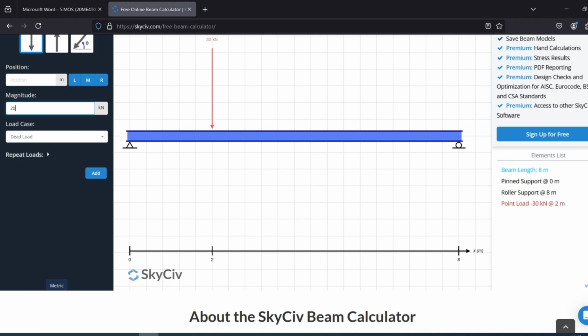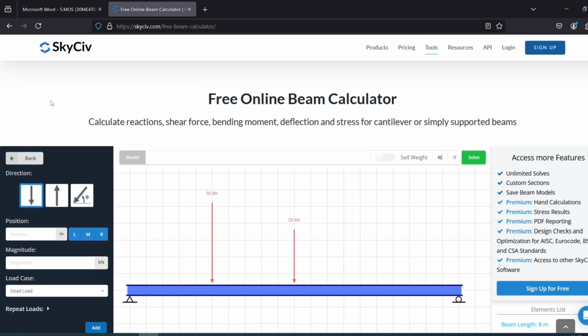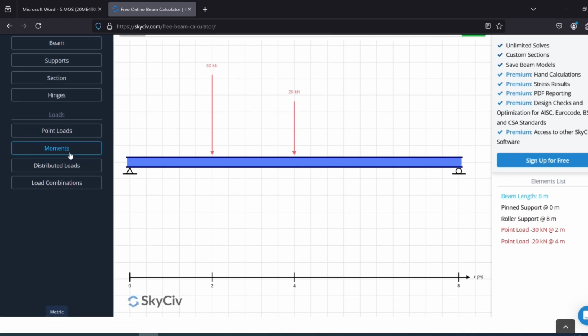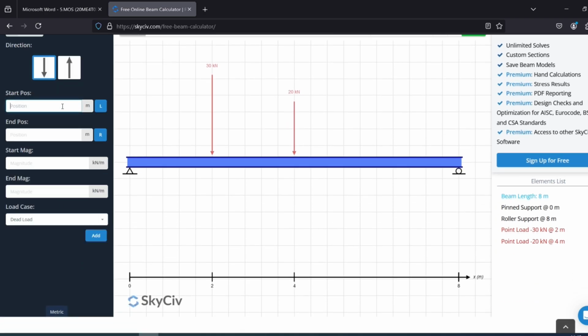See, there is a distributed load. After that is a varying load.